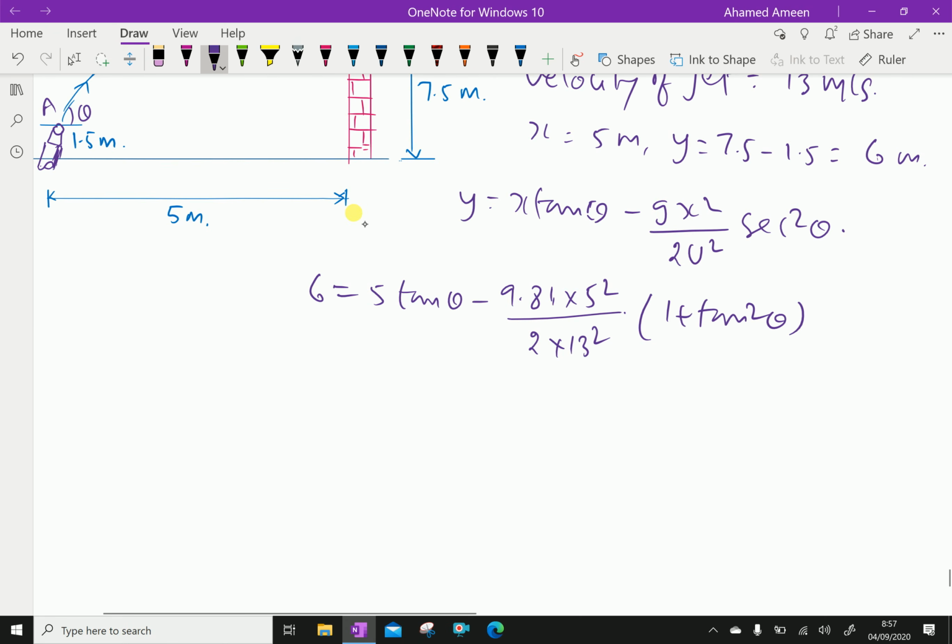Now 6 equals 5 tan theta minus, here this calculation, 9.81 into 5 square over 2 into 13 square, is 0.7256, times 1 plus tan square theta.